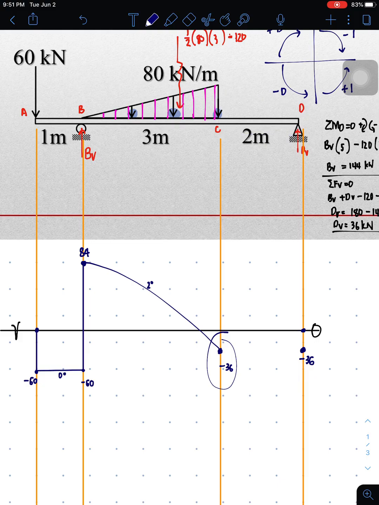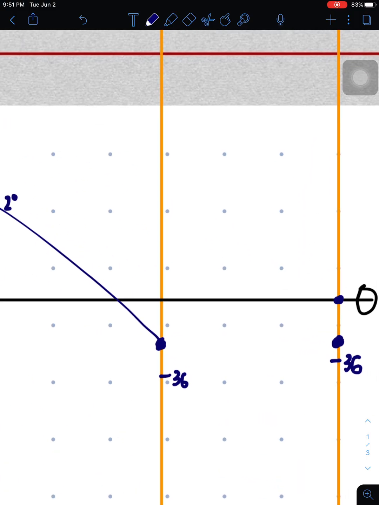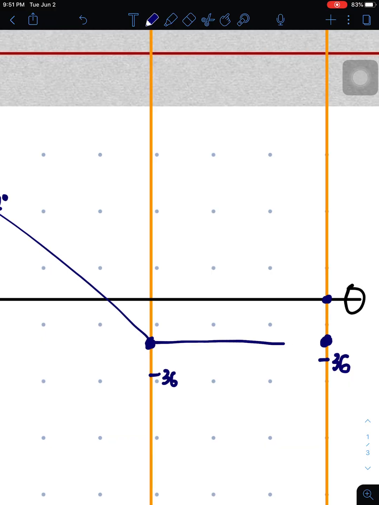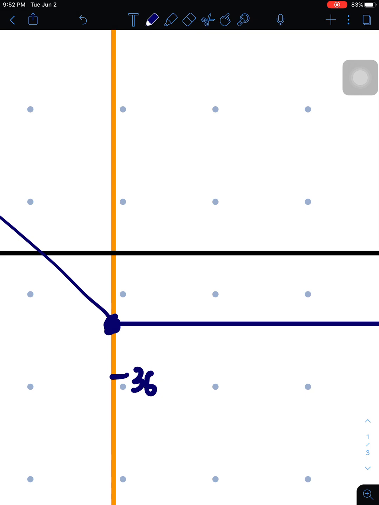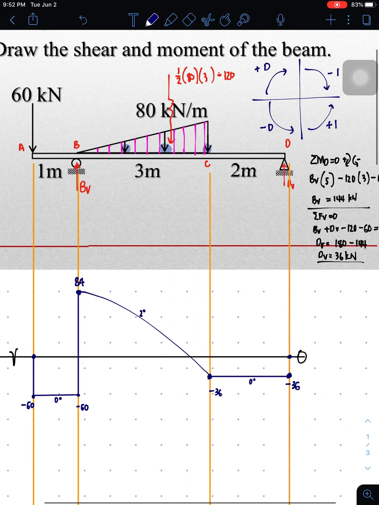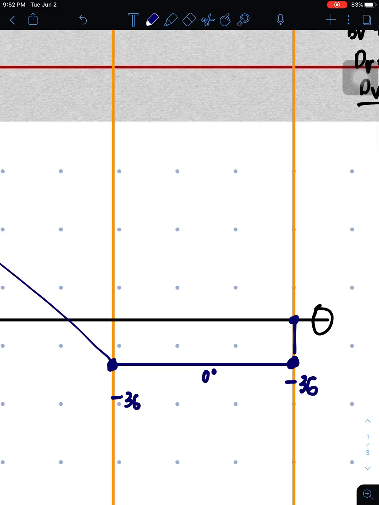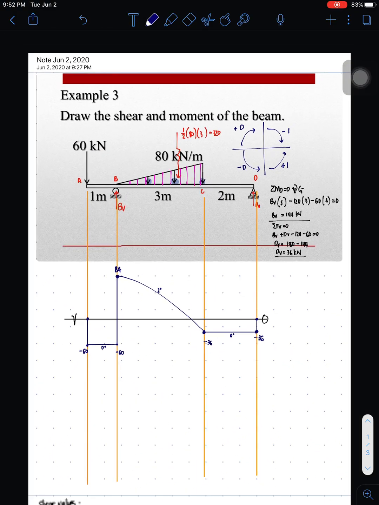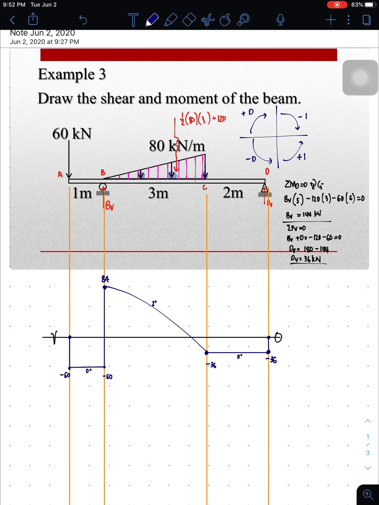So meaning we draw the curve first, which is horizontal. It is obviously horizontal because the values are the same, negative 36 and negative 36. And the last one here. So this is our shear diagram.